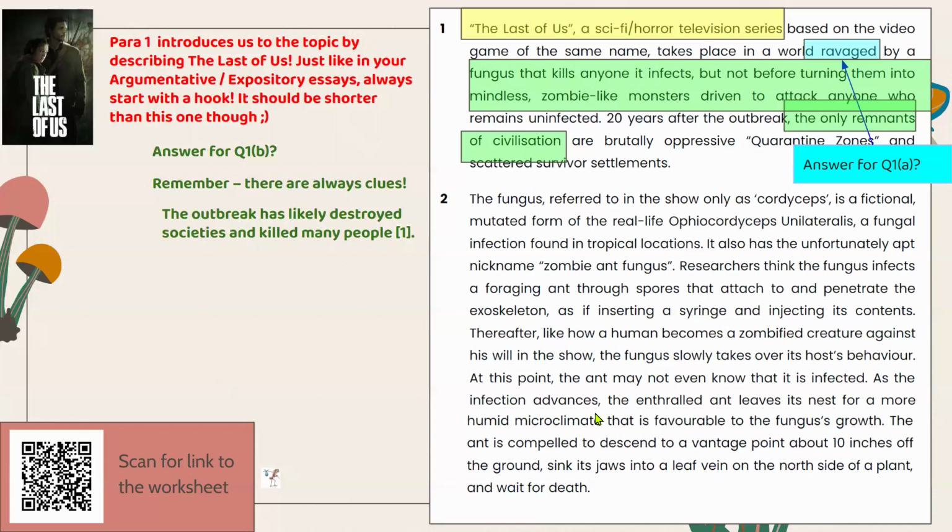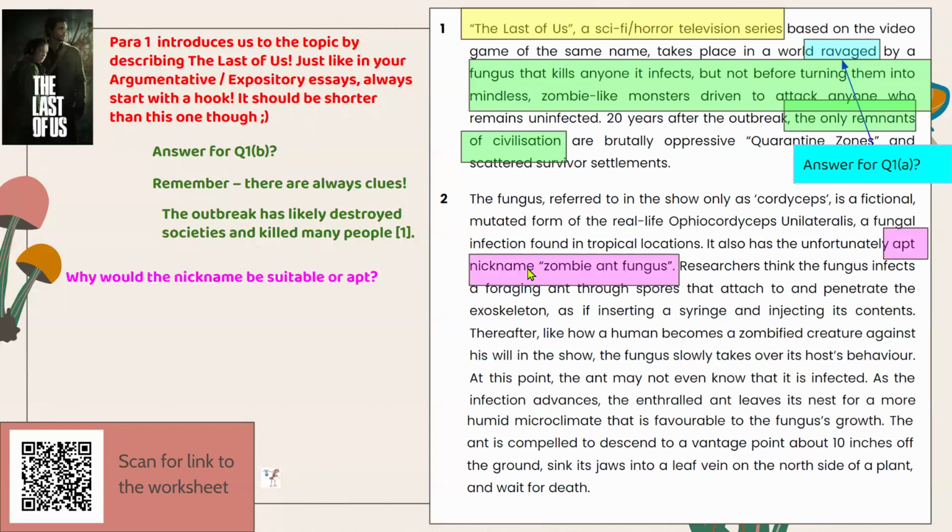Now we'll move on to paragraph two. You know paragraph one is introducing us by describing The Last of Us, so we know what kind of situation the author is setting us up for. Then in paragraph two, they zoom in on the fungus that is mentioned in the show, and they talk a bit about the real life version of this kind of fungus, because it is based on this real life one, Ophiocordyceps lateralis.